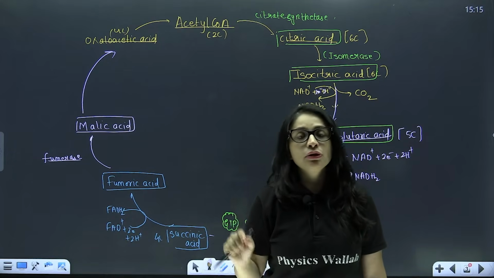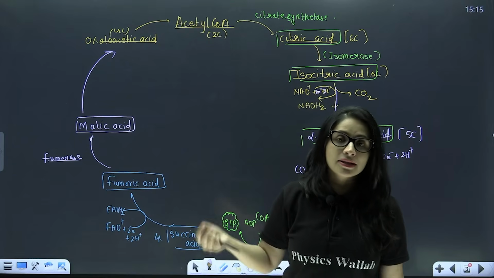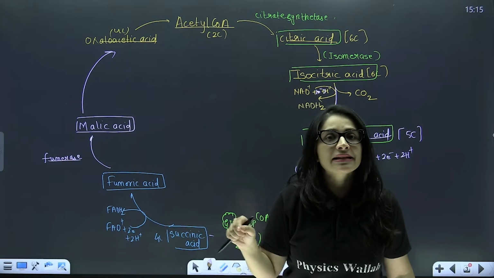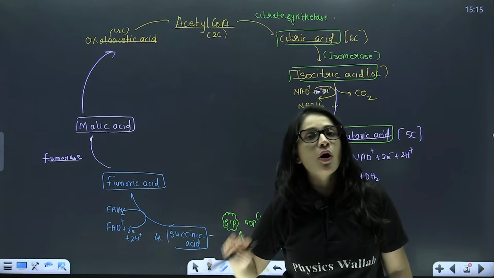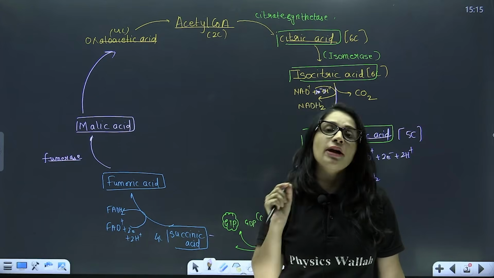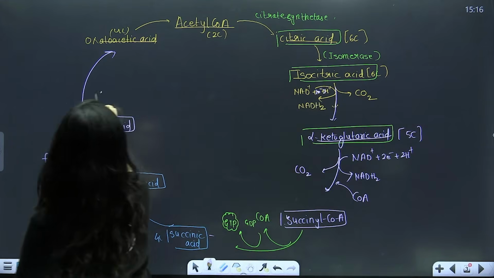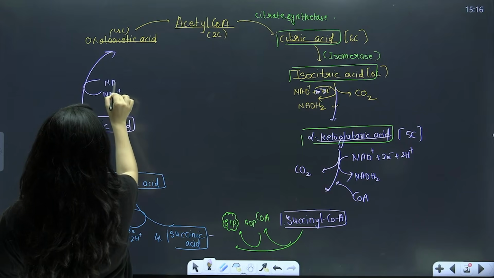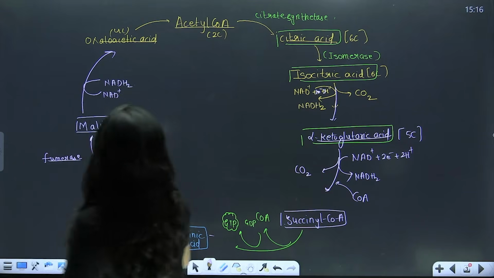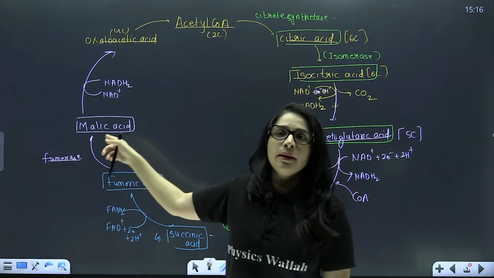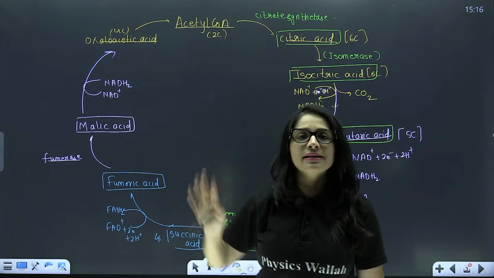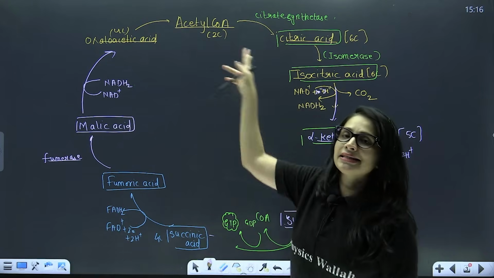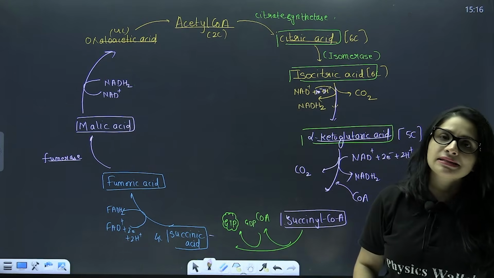And in order to convert itself into oxaloacetic acid, malic acid undergoes simple oxidation with the help of NAD positive. So, here also NAD positive will get reduced to produce NADH while converting malic acid into oxaloacetic acid, thus completing the Krebs cycle.